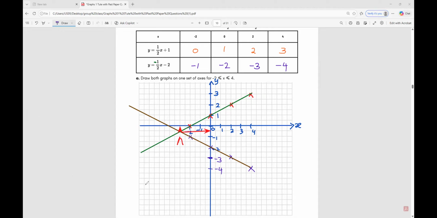I will label this as A. Coordinates of point A are minus 2.5 and minus 0.5. So these are the solutions for the simultaneous equations: x equals minus 2.5, y equals minus 0.5. This is how we solve simultaneous equations using the graph method.